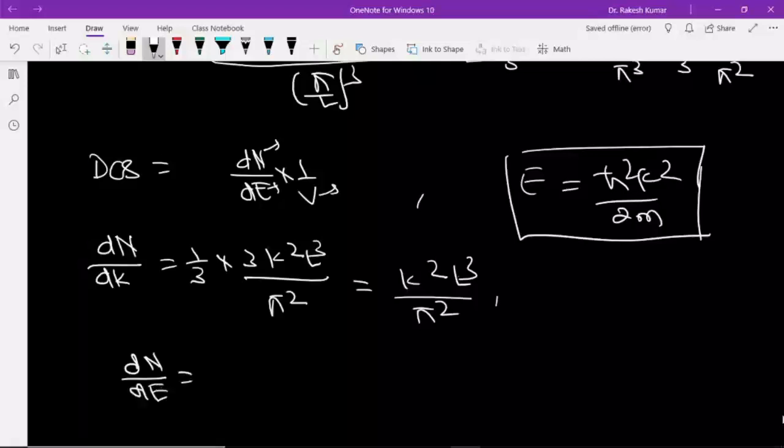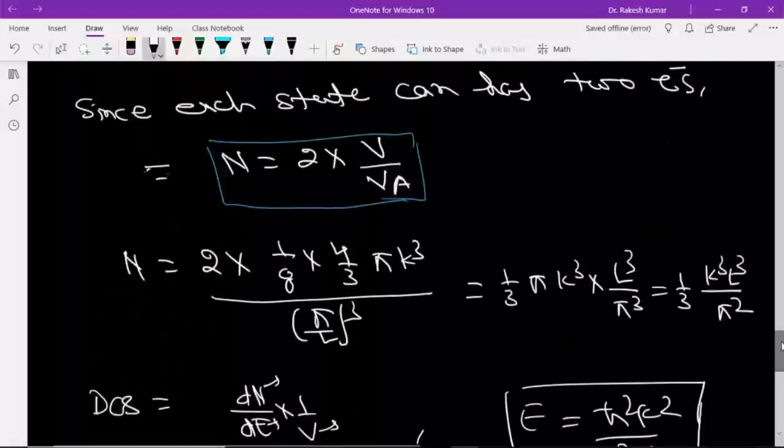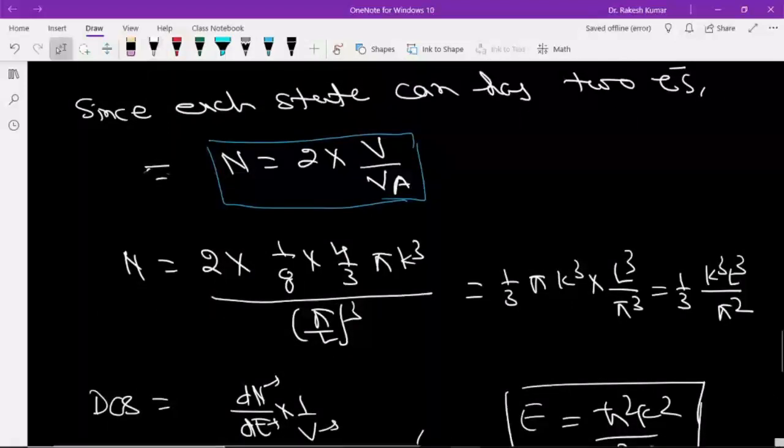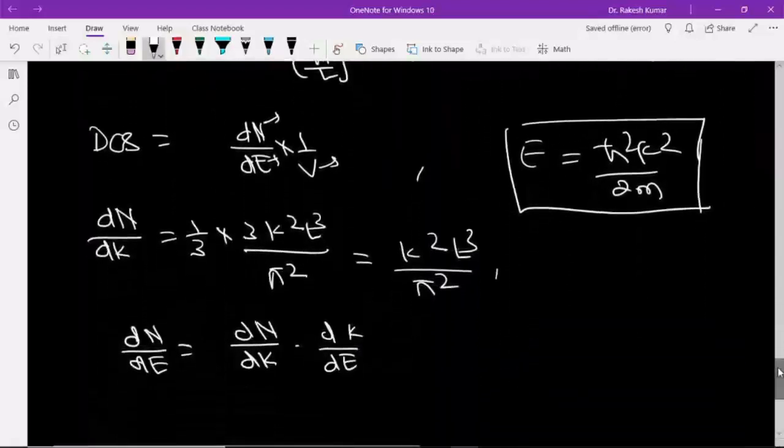If we take dn by dE, we can write it as dn by dk into dk by dE. Our main goal is to determine dn by dE, but since there is no energy term available here, first we have to differentiate with respect to k, and by making a combination of k and E, we can determine this number dn by dE.